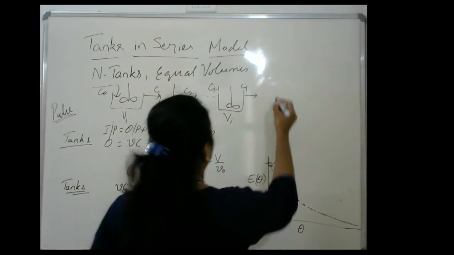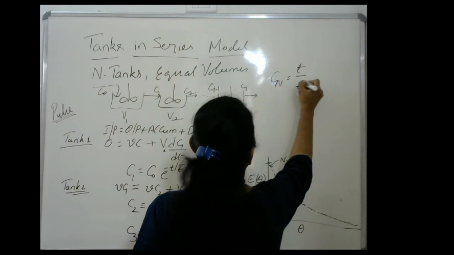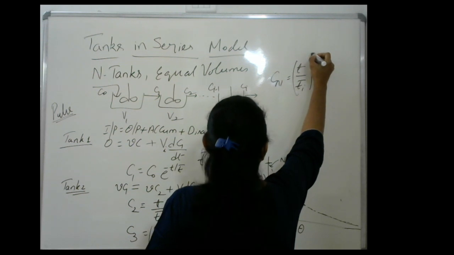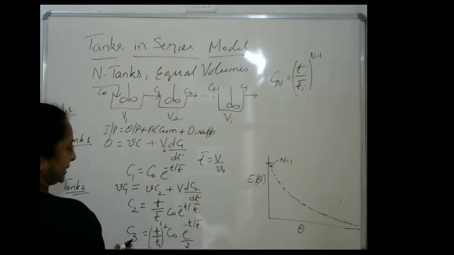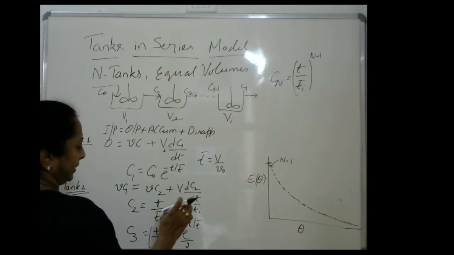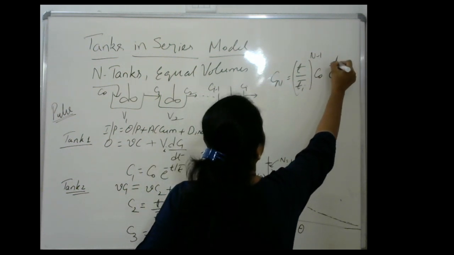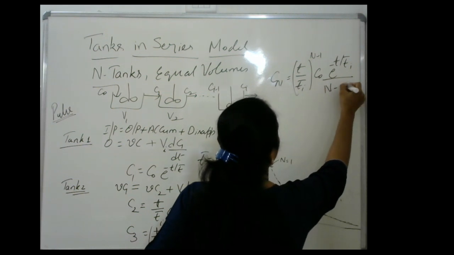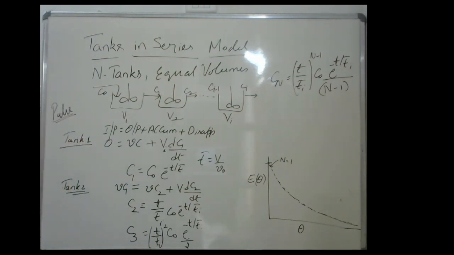C for the nth tank is (t by t bar) to the power n minus 1 by (n minus 1) factorial, into C0 e to the power of minus t by t bar. I am just copying from here. This is what you get.